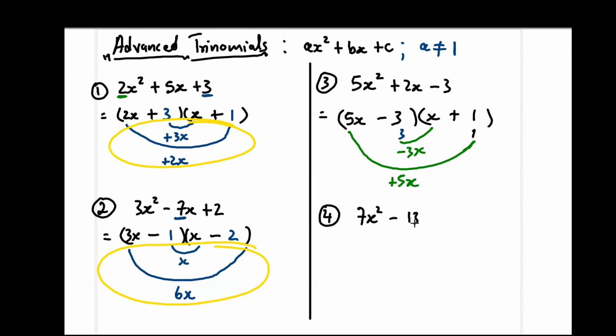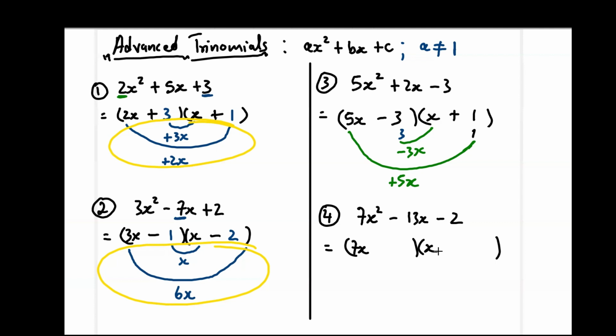Now, this is 7x squared minus 13x minus 2. So again, 7 is prime, 2 is prime. We're just getting lovely prime numbers here. 7x and an x. And we're going to again explore and not cast in stone our signs.